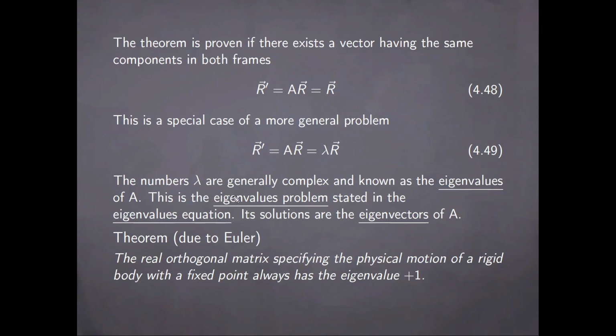The numbers lambda are generally complex and are known as the eigenvalues of the matrix A.